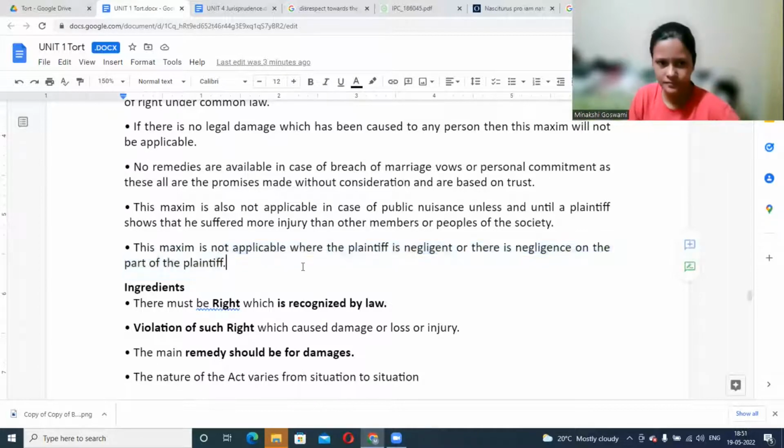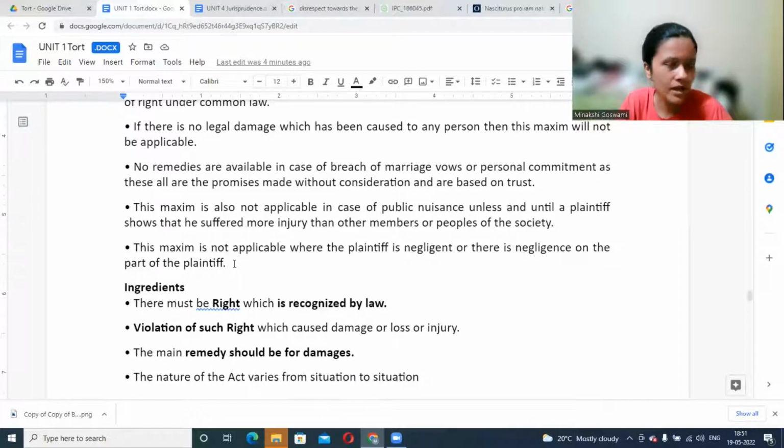Ma'am, for example, one person A will enter B's place. So A is a, what is this called? Trespasser. So B will hit A, but A will go to court. Will the court ask A, why did you enter his place?